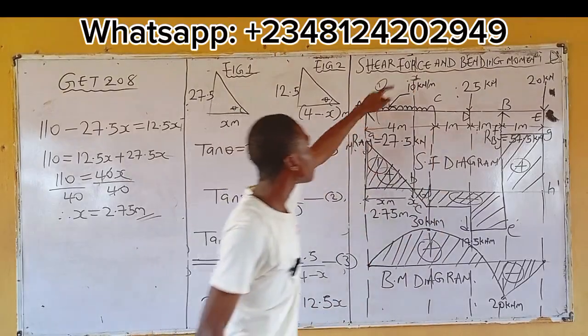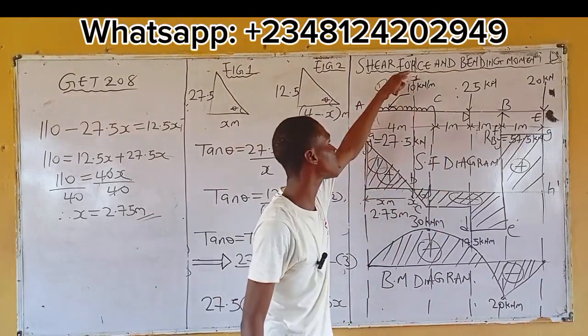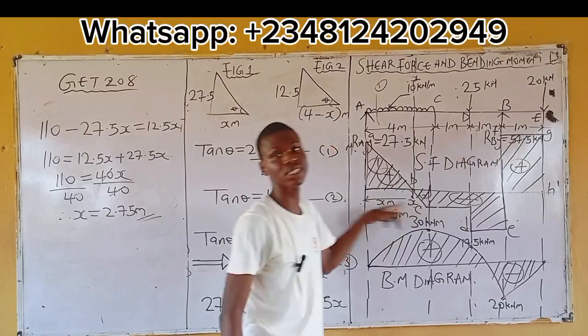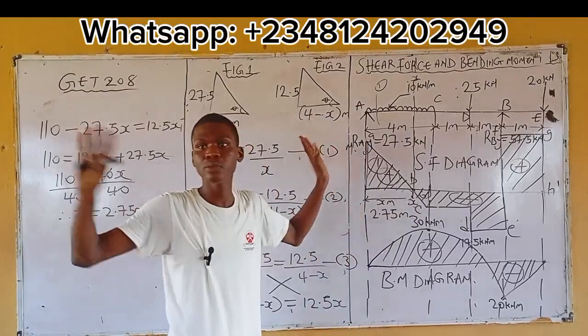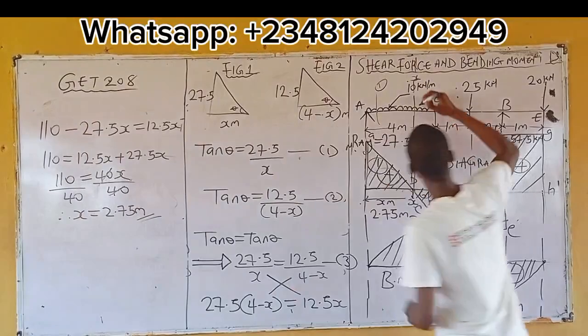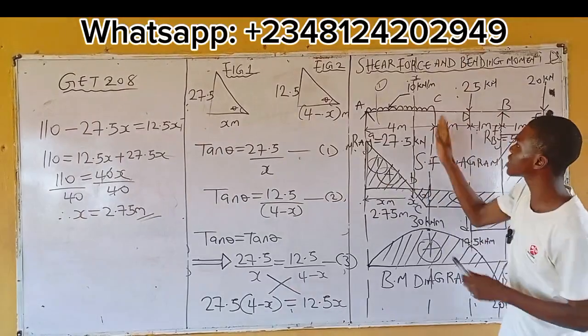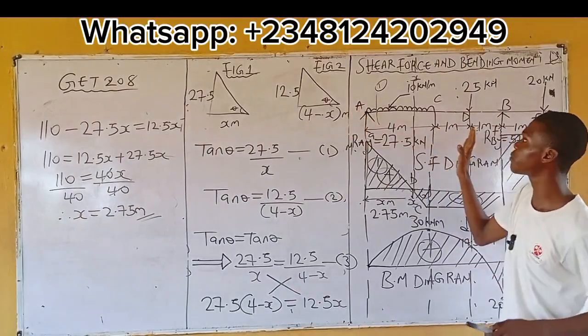Alright, now let's say you have xx. You are sectioning your beam xx at a distance x meter. Very simple, no stress. Once you've sectioned, you've separated this beam.